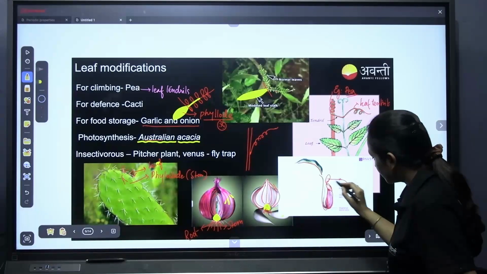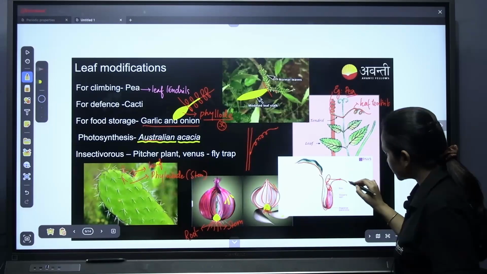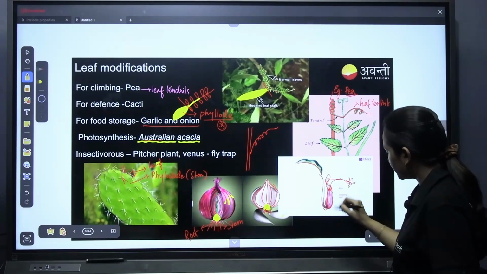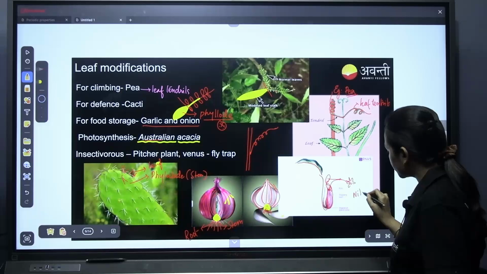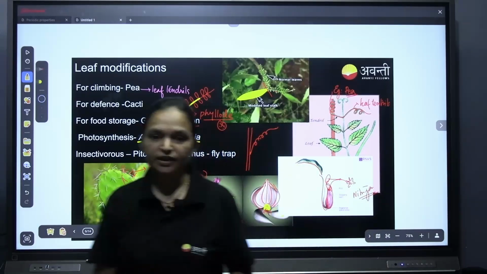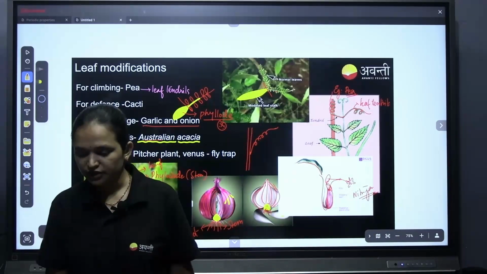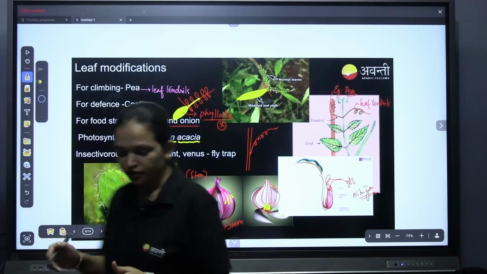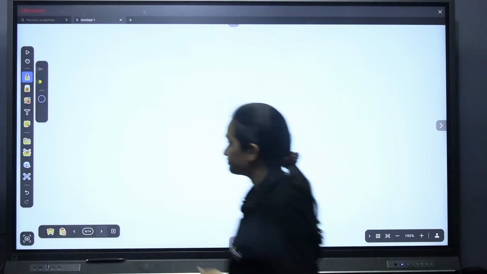If an insect comes and falls here, it will go in. And why do they do this? Because they want to get nitrogen. The insect is full of nitrogen, so for nitrogen supplements they do that. Okay, everything is good. We are going to the next slide.